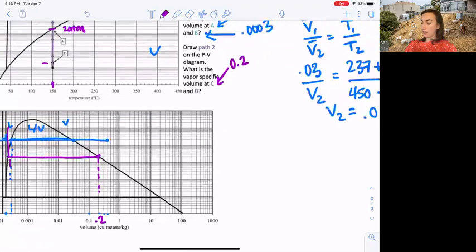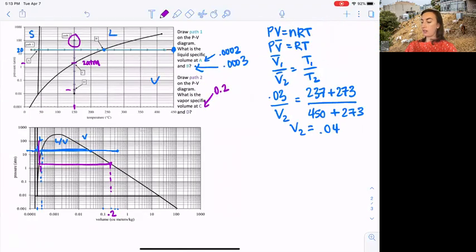So again, starting with the ideal gas law, we have PV bar equals RT, so that's why there's no N in there, and we can solve for pressure. So P equals RT over V. In this case, we're on an isotherm, at 150 C, so RT is constant. In this graph, we're on a log-log axis.